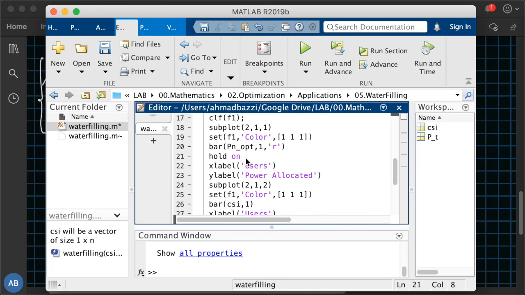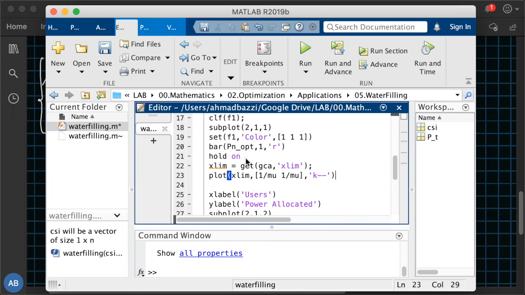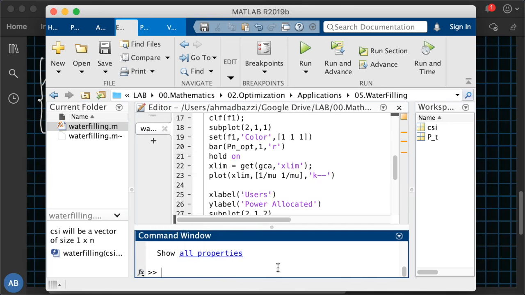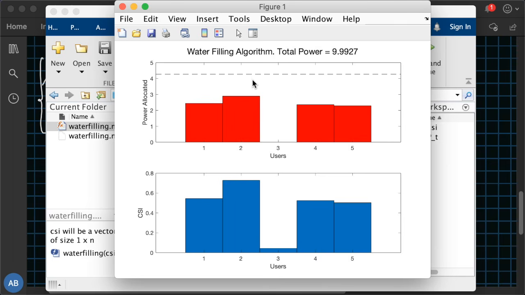Well, before that, let's get the x limits and then plot x lim 1 over mu to 1 over mu because it's horizontal, and in a dashed black line, right? So run, and there you see the maximum power level, right? Okay, so this is it. This is the water filling method.